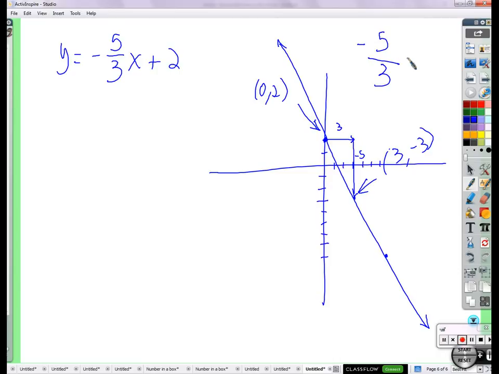So this is what we call the slope of this line. It has the slope of negative 5/3. So you go over 3 and down 5, over 3 and down 5, over 3 and down 5. You could also go down 5 and over 3, but I think that makes less sense because it's input and output, right? My input goes up 3, and my output goes down 5.